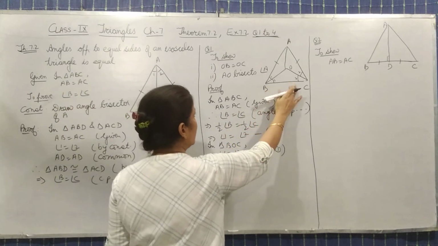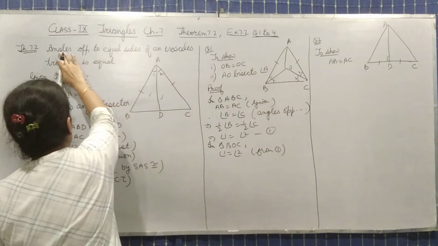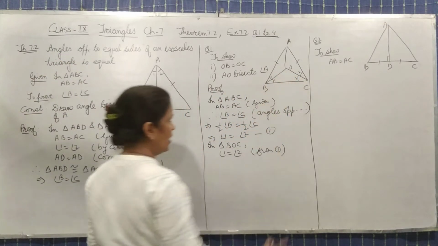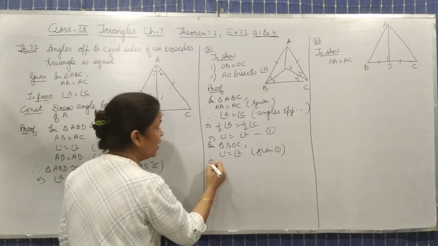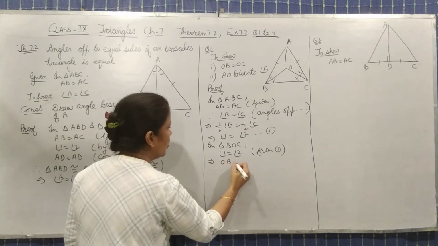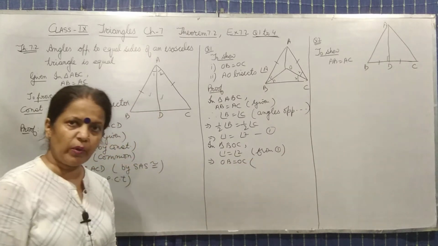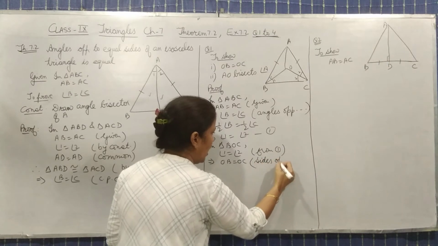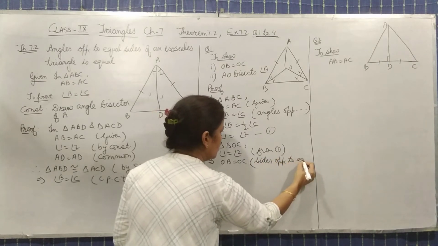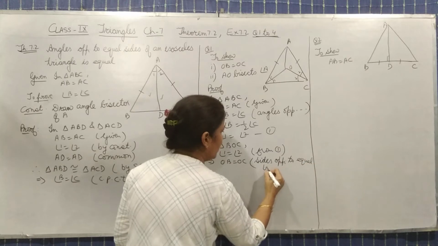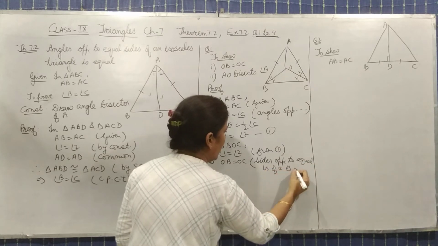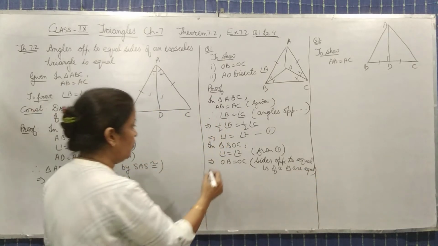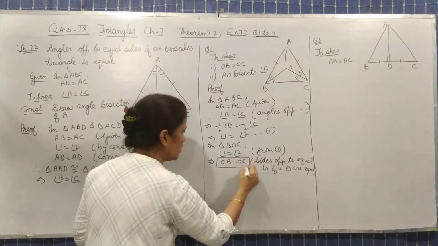This is the converse: sides opposite to equal angles of a triangle are equal. So this implies OB equals OC. The reason you will write is: sides opposite to equal angles of a triangle are equal. Okay, so the first proof we have got.